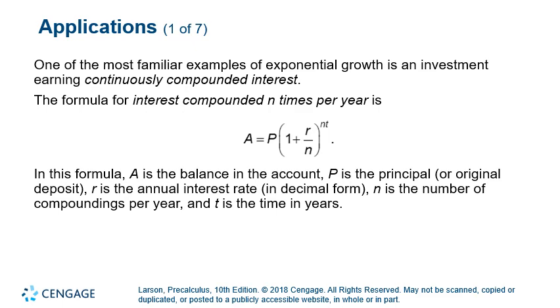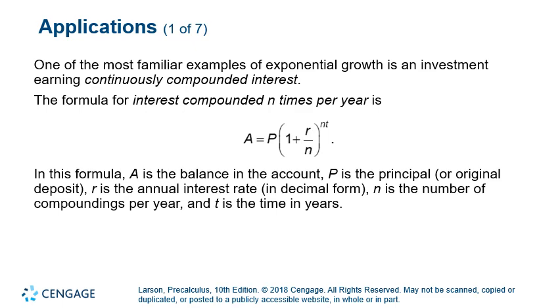So we have a formula, and this is used in the banking industry, as you might expect, for interest and investments, figuring out how much you're going to make by putting it in an account. A is the balance in the account currently. P is the principal. That's how much you started out with.